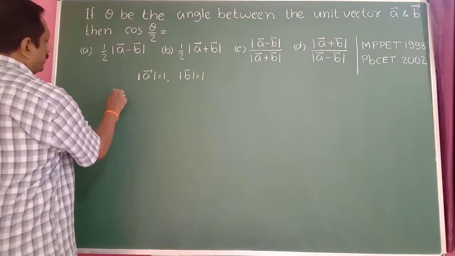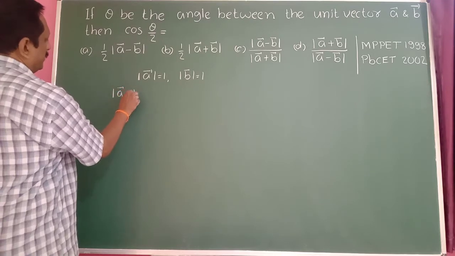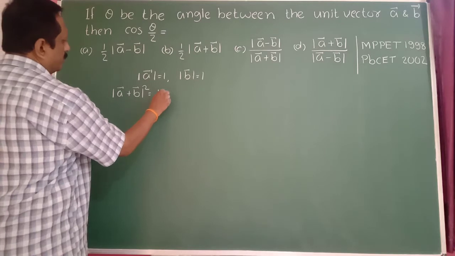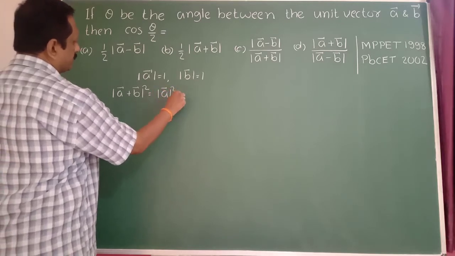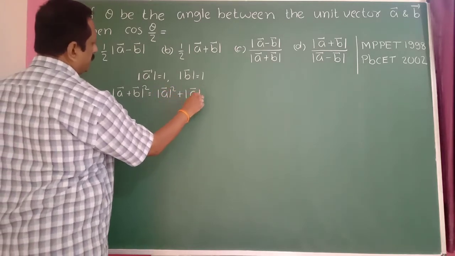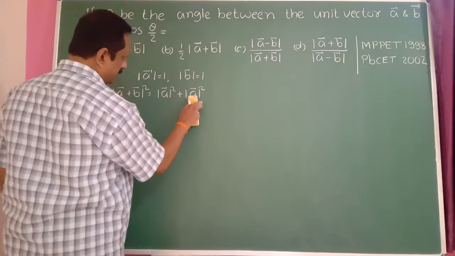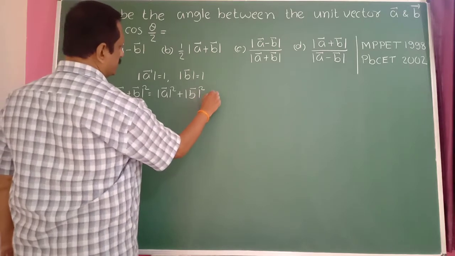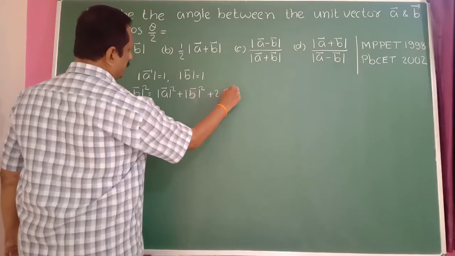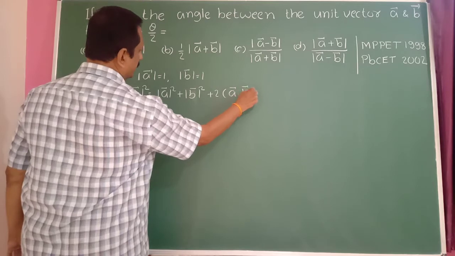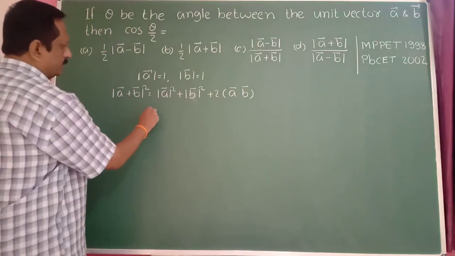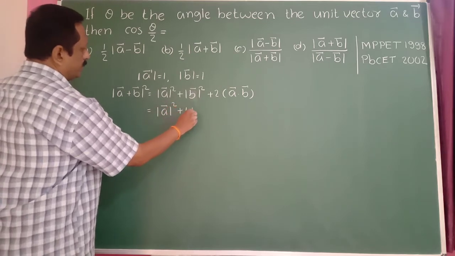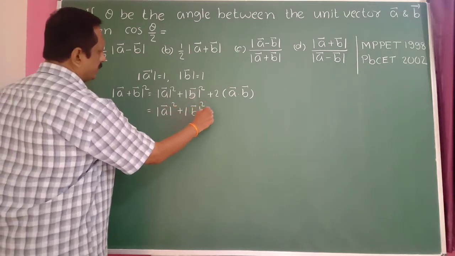Then modulus of A bar plus B bar whole square is equal to modulus of A bar square plus modulus of B bar square plus 2 into A bar dot B bar.